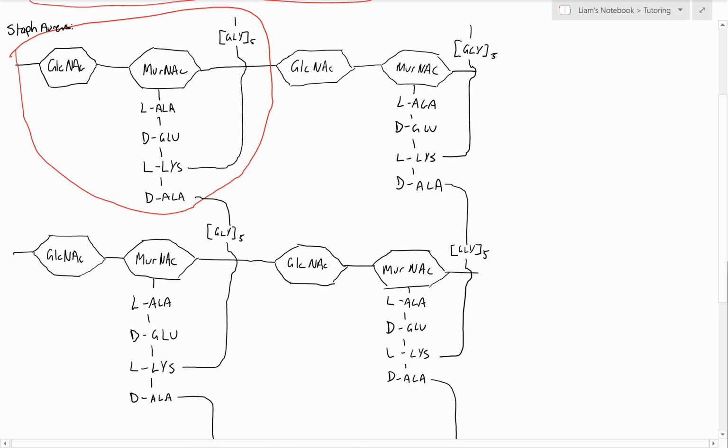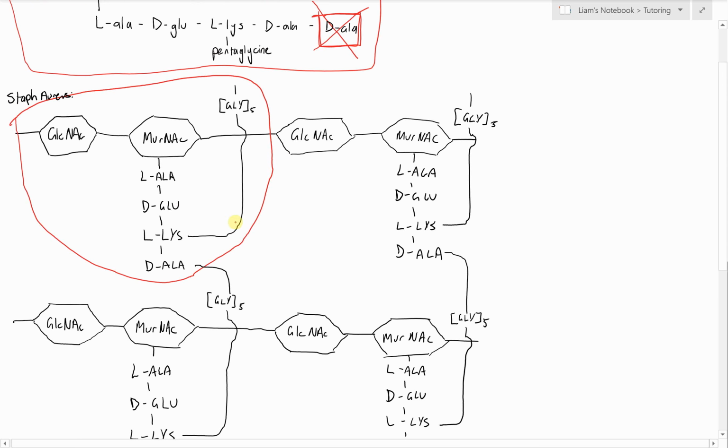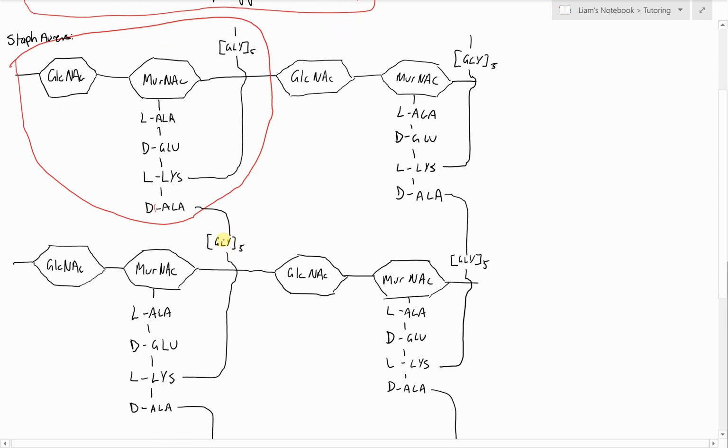That's one of our building blocks right here. And you can see our lysine pentaglycine chains going off here. This is our terminal alanine, because this one's been chopped off. And then the enzymes link it to the glycine chain of another one of the residues so that these residues are now stuck together. So this pentaglycine chain is really important. It acts almost like the cement for the wall. It's linking all the blocks together to build this really strong cell wall.